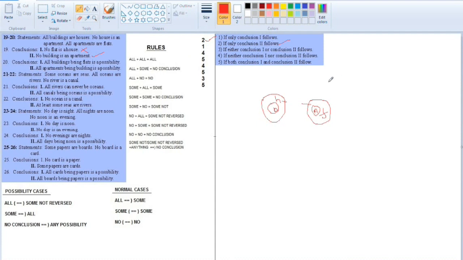This is the normal way of doing it. Now I'll tell you how to do it using the rules. No flat is a house. We can see flat here. The first statement is this, the second statement is this, and the third statement is this.